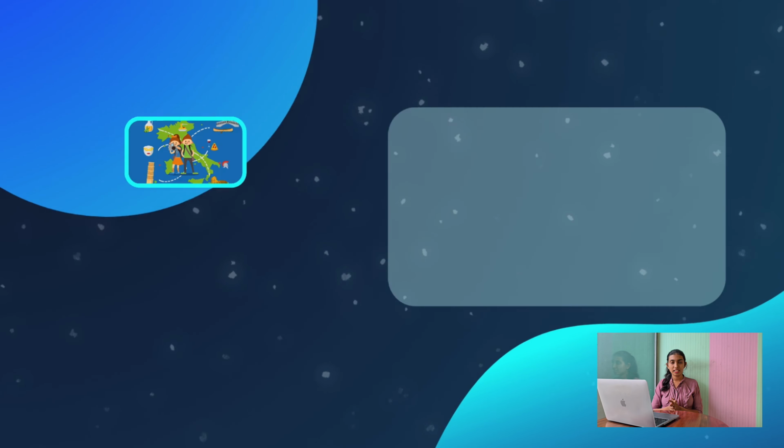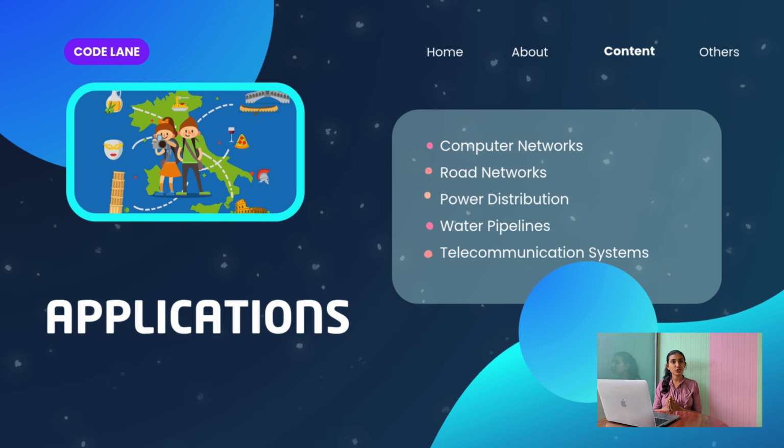Now let's see what the applications of Kruskal's algorithm are. One reason Kruskal's algorithm is important is because it has many practical applications in the real world. The first application is computer networking. When connecting multiple computers, routers, or servers, organizations want to minimize the amount of cable used while maintaining connectivity.